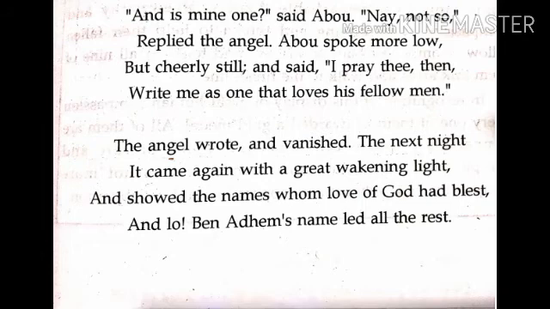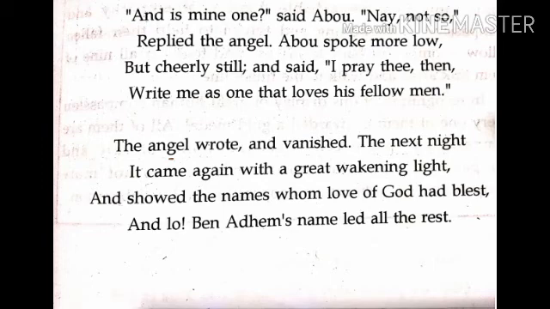Just recollect, what did the angel tell Abou earlier in the context? The angel is telling that it could not find the name of Abou ben Adhem in the list of those people who love God. Then what was the request made by Abou? Please include my name at least among those people who love their fellow beings. Was his request accepted?